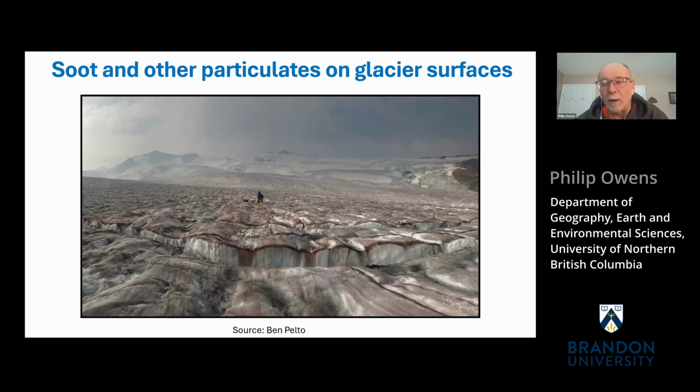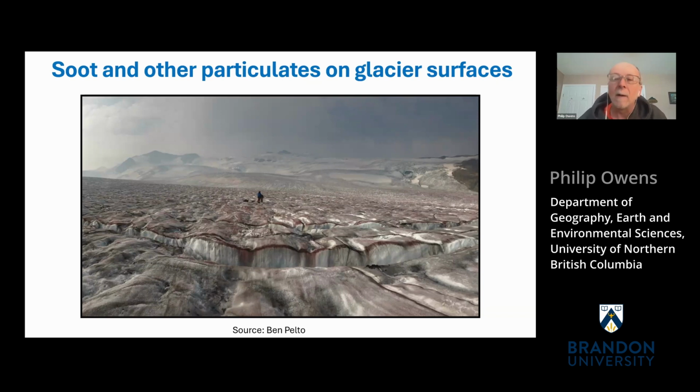And if you follow the logic of what we've been talking about for the last 25 minutes, you can imagine a lot of that material isn't just particulates, it has contaminants on it as well. There's a variety of different problems with that. We'll talk about the contaminant issue in a few minutes, but also from a physical perspective, when you have these dark colored soot and particulates landing on glacial surfaces, they absorb more incoming solar radiation. It's an effect often known as albedo.